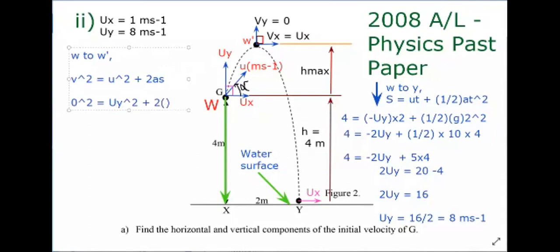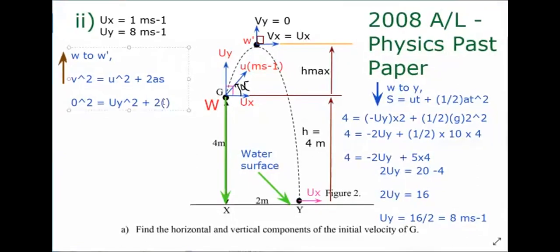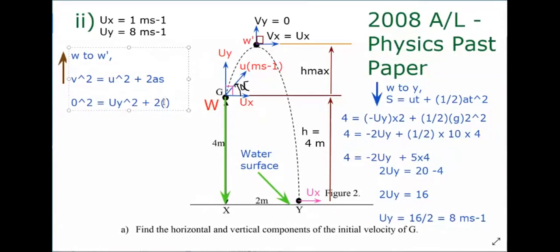Plus 2, somebody unmute the mic and tell me what is the upward acceleration when an object is moving freely under gravity. I'm applying the equation upward. Therefore, what is the upward acceleration component of a projectile motion? Minus G. Very good.